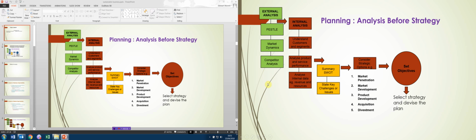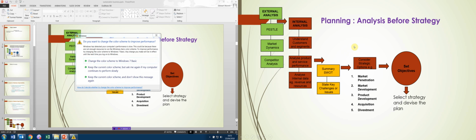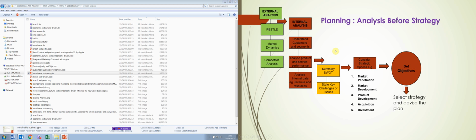So you'd use your external analysis and your internal analysis to complete your summary and your SWOT, and that would also lead on to your key issue statement. Just bear with me, computer's playing up. There we go. So we looked at PEST analysis.